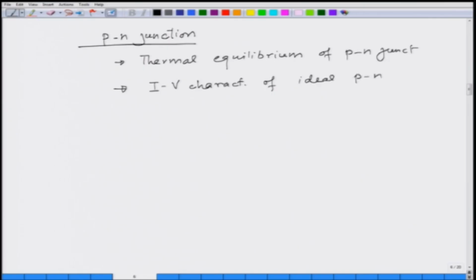The important point to remember there is that in the forward bias, the total current is due to the diffusion of injected minority carriers.